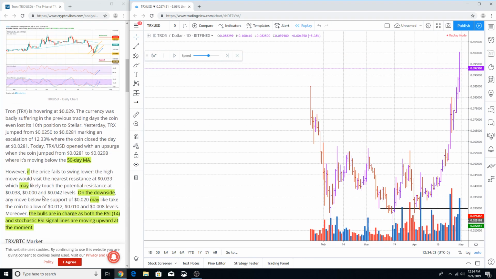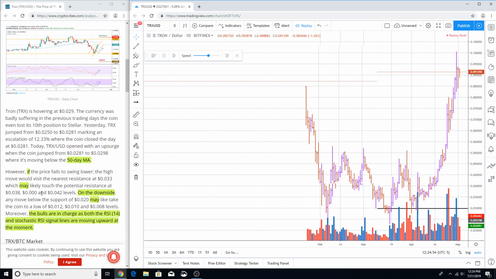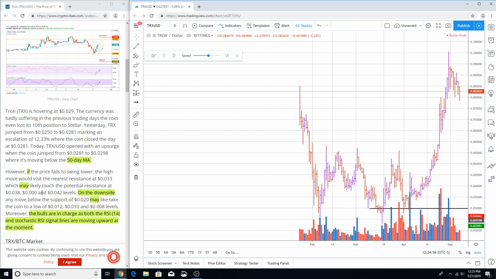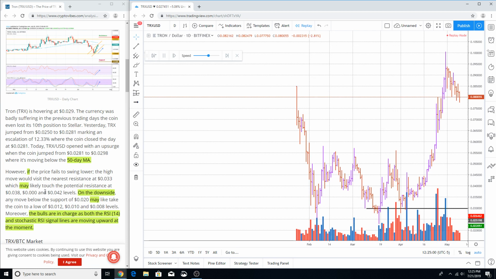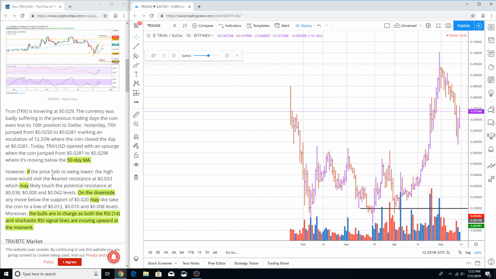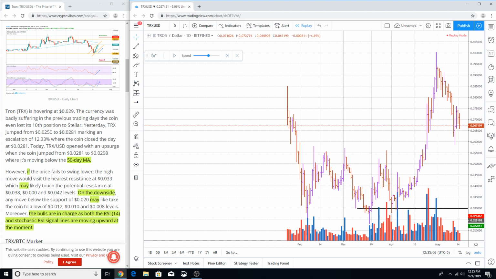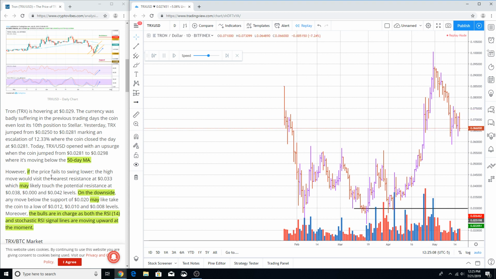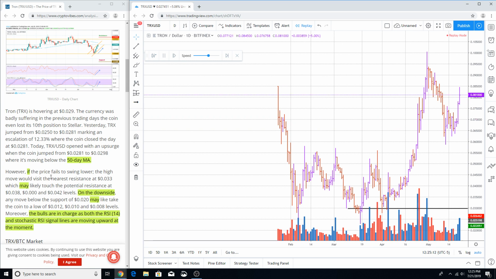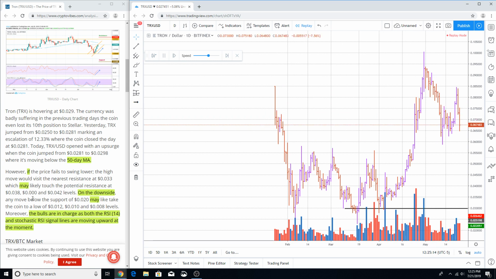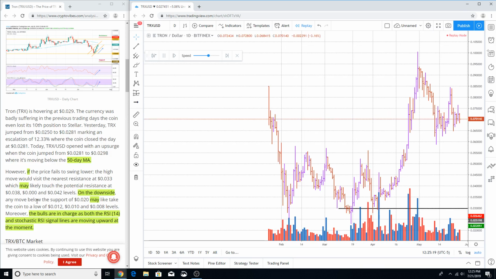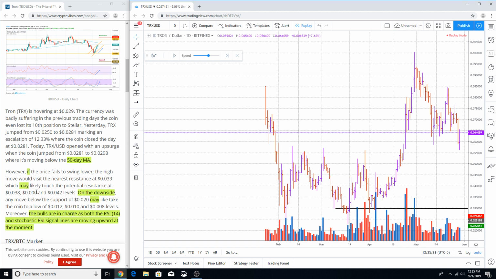Now, this is where the article leaves you in no better position than where you were before you even started reading it. If the price fails to swing lower, the high would visit the nearest resistance area of 0.033, which may likely touch the potential resistance at 0.038, 0.000.